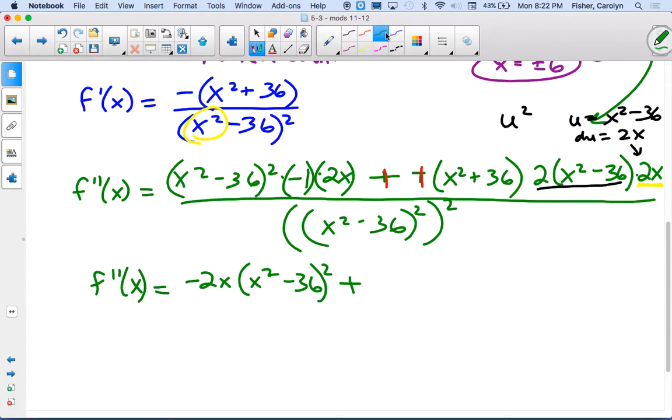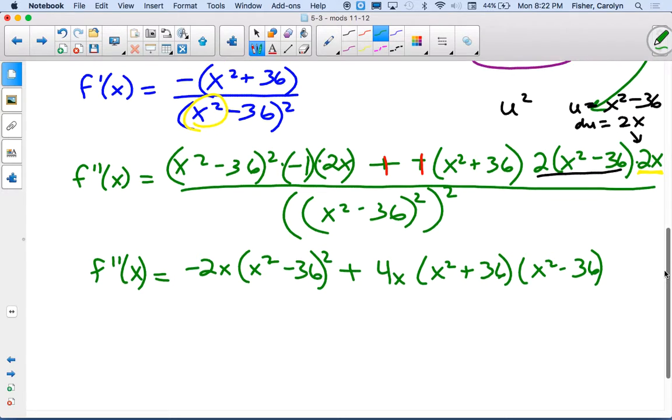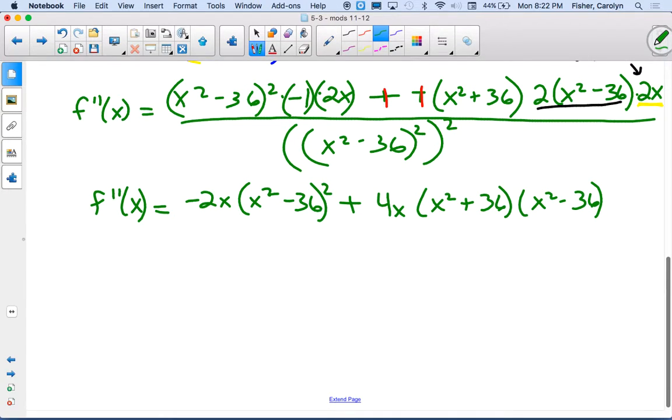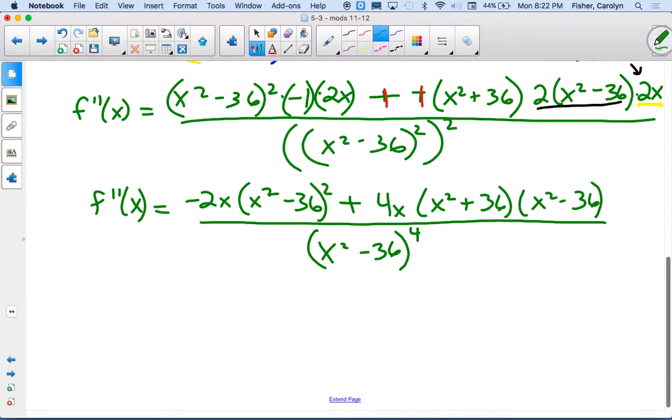There we go. And then I've got 2 times 2 is 4x times x squared plus 36 times x squared minus 36. And again, I'm really not multiplying out too much, because if I'm going to simplify, it's going to be easier if it's in factored form. Squared is to the 4th power.